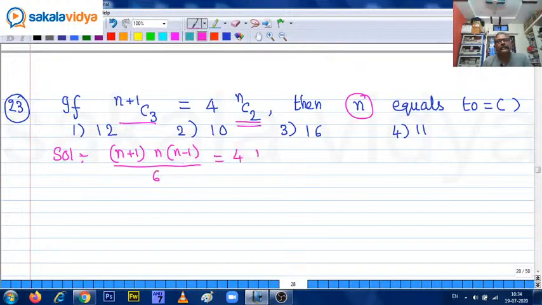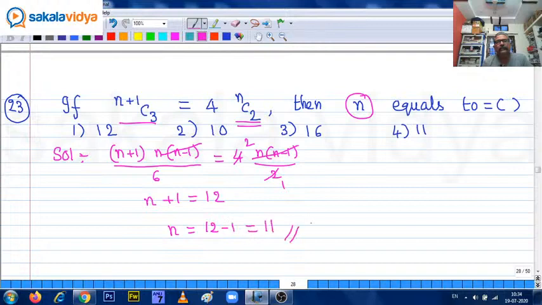And 4 times NC2 is n times n minus 1 upon 2. Two ones are two, two twos are four. This n into n minus 1 cancels with n into n minus 1. We have n plus 1 equals 12. n equals 12 minus 1, which is equal to 11. So that means the fourth option is the right option.